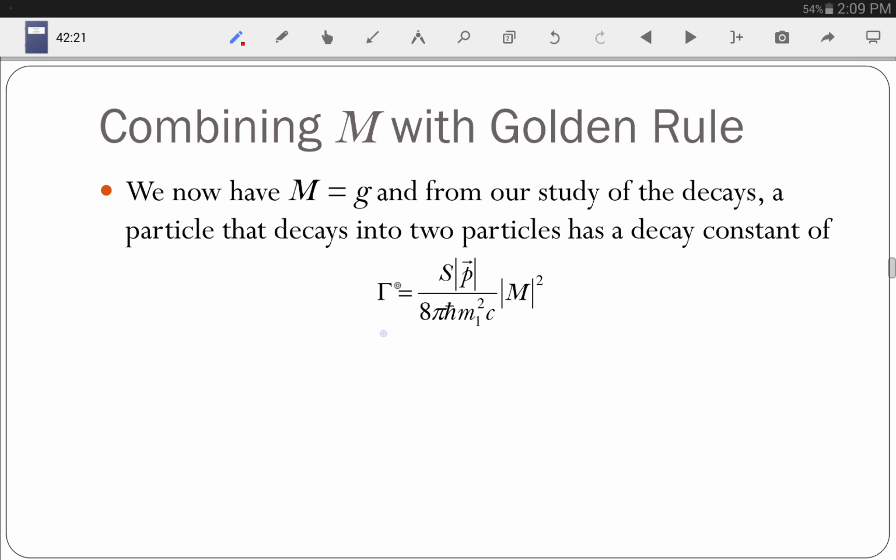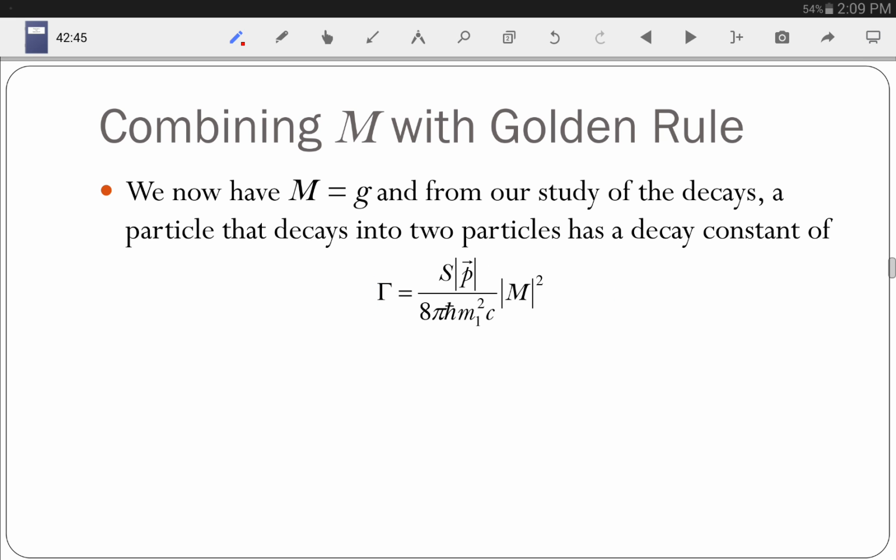We're going to use this to find the probability of decay. If we can find that decay constant, then we can find its lifetime, right? Since the lifetime is one over the decay constant. And so from our previous work with Fermi's golden rule, we had gotten to this equation.